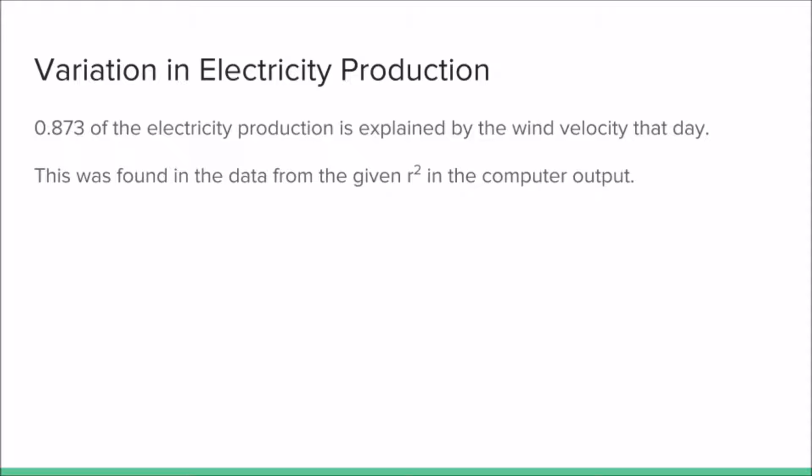So 0.873 of the electricity production is explained by the wind velocity on that day.